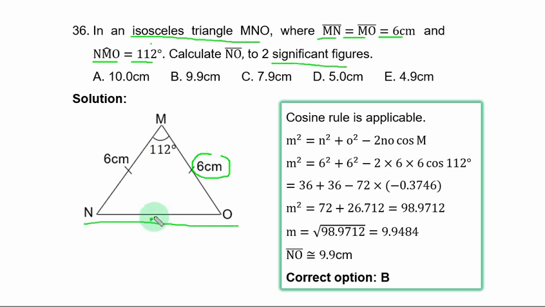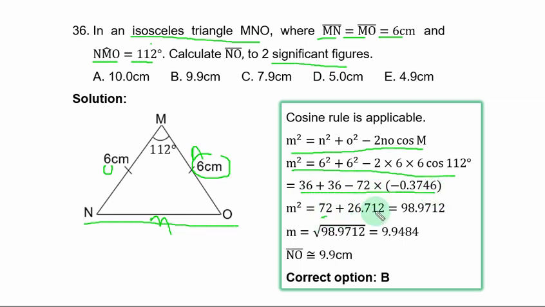This side is small letter m, here small letter o, and this small letter n. So you have the cosine rule in this form. You replace n, o, and angle m with what they stand for. You have this result. When you simplify, you have this.